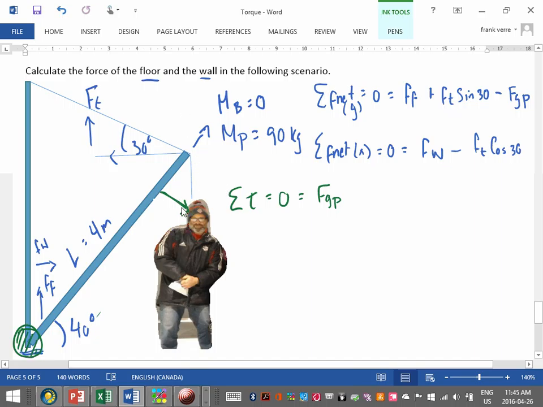So what would this angle be? What should that angle be? What do you think it should be? Yes, it should be 50 degrees.